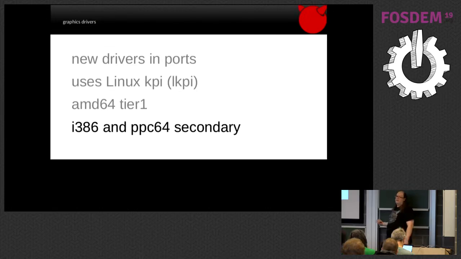We have in FreeBSD 12 stable, I'm not sure about the release, support for i386 for the new graphics drivers, but it's kind of in an alpha beta stage, and it might be a bit unstable. PowerPC 64 support is being worked on. It's done by Matt Macy and others, and I think it's kind of working, but it's not stable or mature yet, but hopefully it will be.